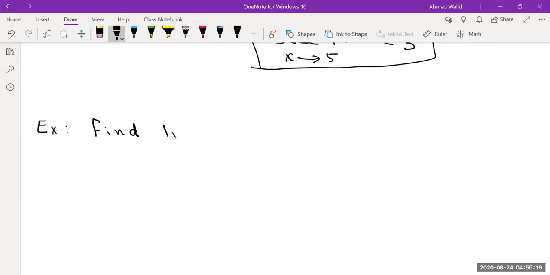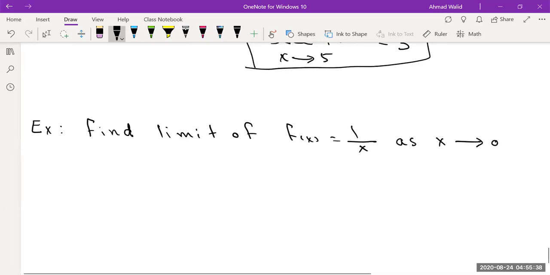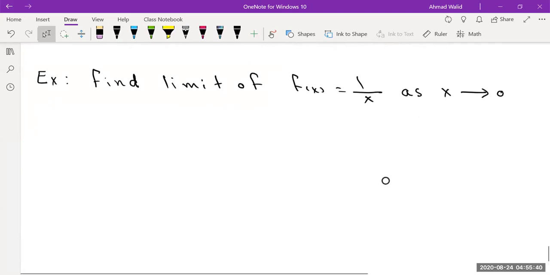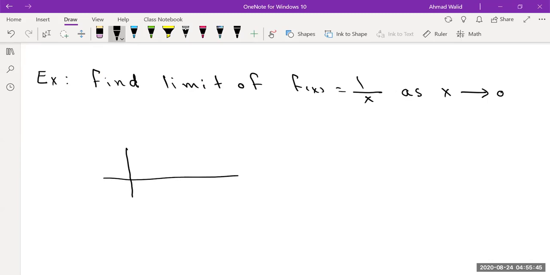Find the limit of f of x equals 1 over x as x approaching to 0. Guessing method or estimation method, you have to draw a table here. Here x, here f of x. This number goes in the middle, 0.